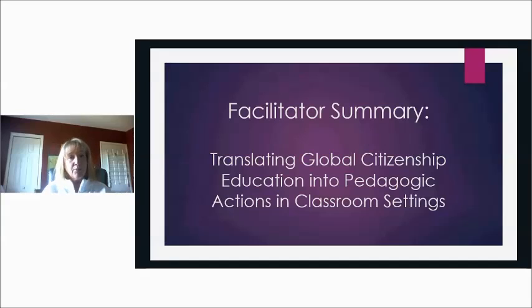So in the written summary that I provided, I first start by saying that in Professor Guo's paper, which is Translating Global Citizenship Education into Pedagogic Actions in Classroom Settings, she started off by presenting a definition of global citizenship education, which I think I'll call GCED from now on.